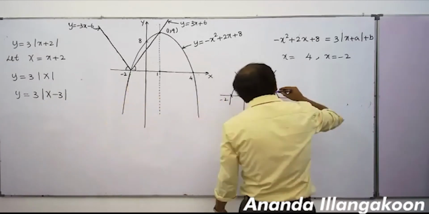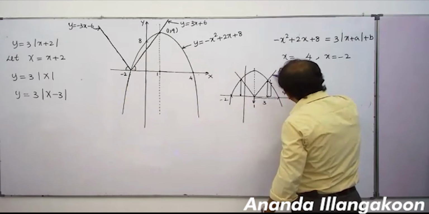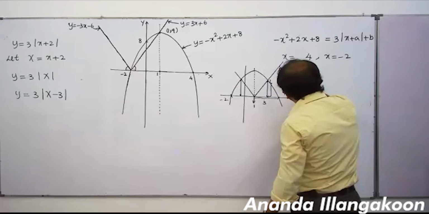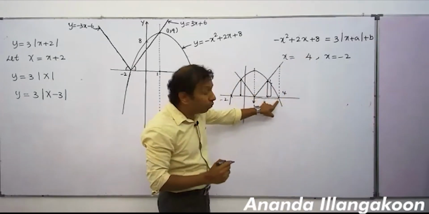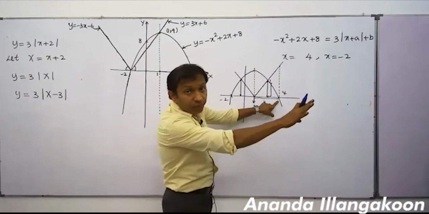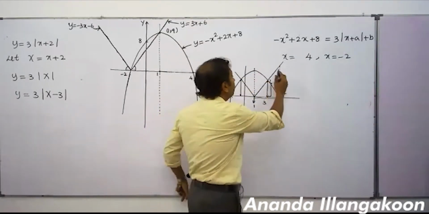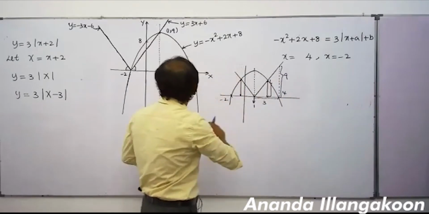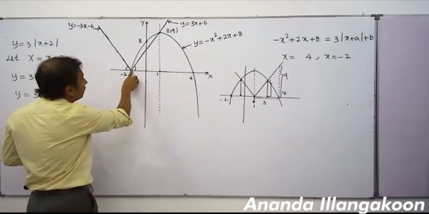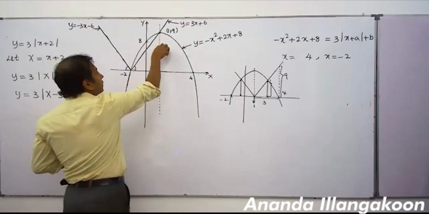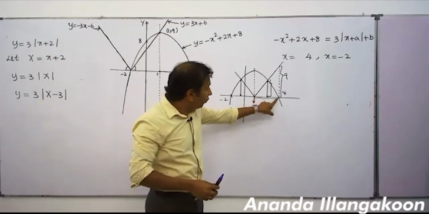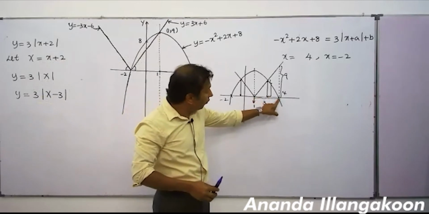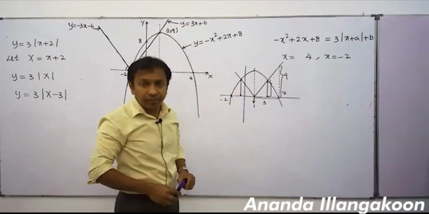Then if I consider this height at x equals 4, from the vertex 3 units to the right, what should this height be? That height should also be 9, people. The reason: from the vertex, when you go to the right by 3 units, this height is 9. Now, from 1 to this 4, there are 3 units. From here, when we draw a vertical line, this height is 9.